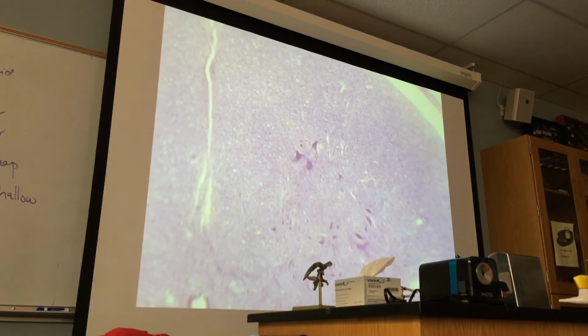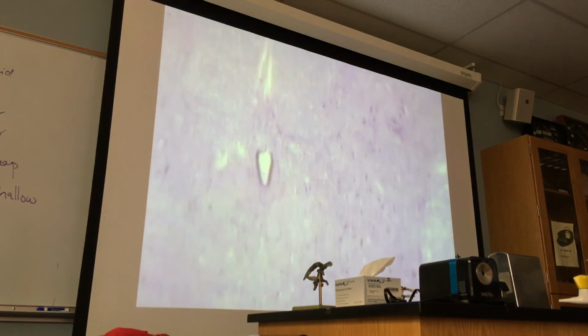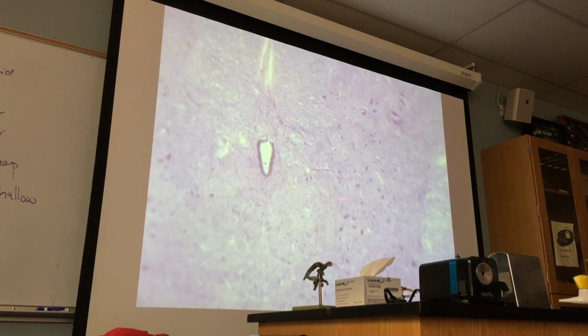So 3 areas of white matter and 3 areas of gray matter. But also there is something more for gray matter. This is one half, this is another half, isn't it? And this is also gray matter. So this is called the gray commissure.